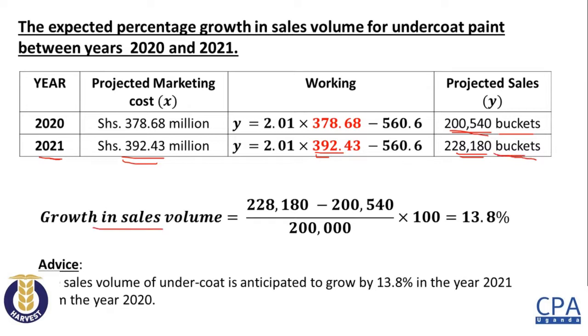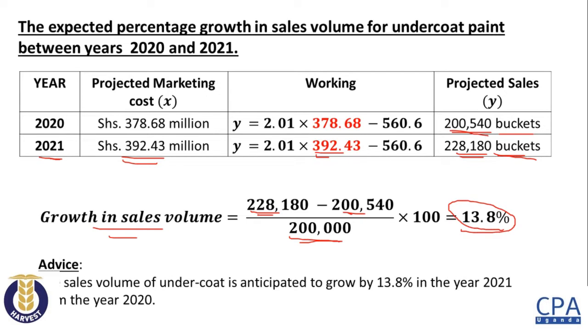So the growth in sales between 2020 and 2021, looking at the performance in 2021 compared to 2020, I will subtract the buckets in 2020 from the buckets in 2021 divided by the number of units that we have sold in 2020. That gives us a growth of 13.8%.